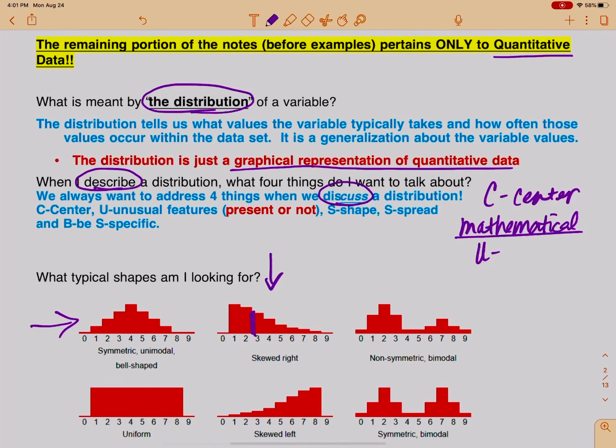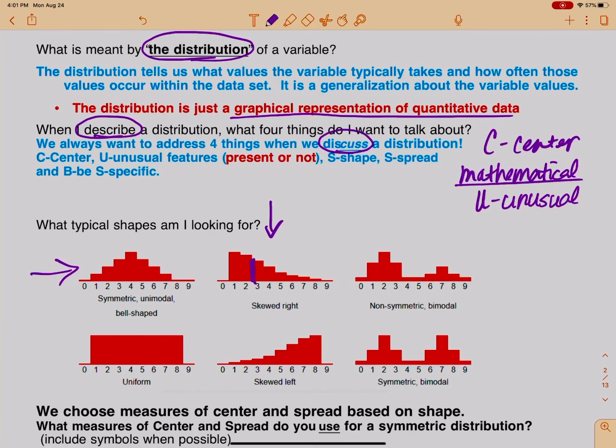Okay, unusual features. Well, what would an unusual feature be? An unusual feature would be something like an outlier, some piece of data that is completely away from where the majority of the data are gathered up. Now, I want you to look at these pictures down here. I'm going to use the skewed right example again.